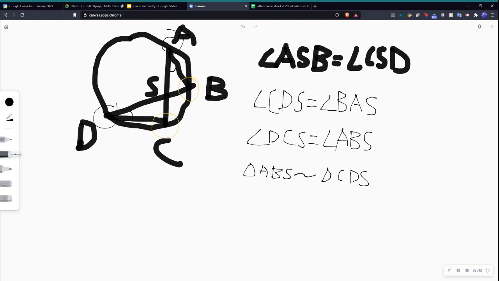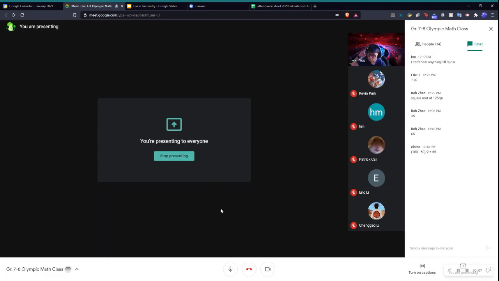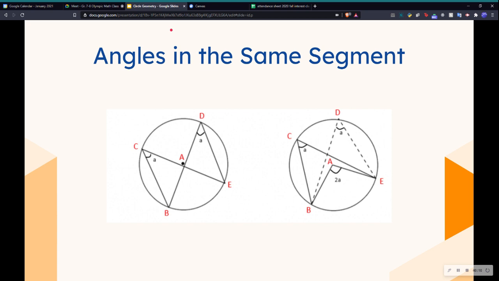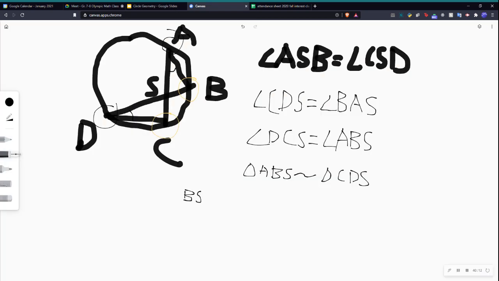Remember, in similar triangles as well, the ratios of the corresponding sides are equal to each other. So we need the side lengths CS and AS, and also BS and DS. So let's figure out what we can do there. So BS would correspond to CS. It's pretty obvious if you look at the diagram. BS corresponds to CS.